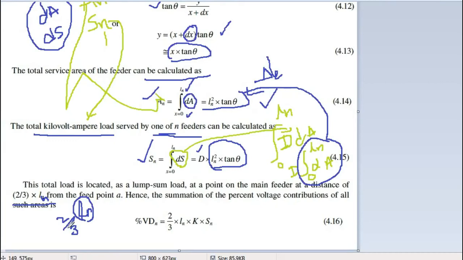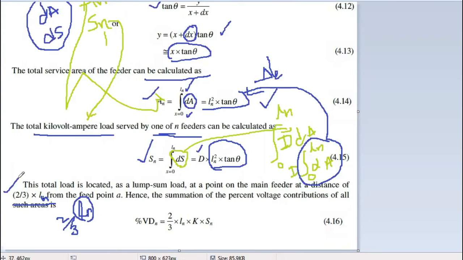So we are assuming this in the same manner as for the square shaped feeder and the hexagonal shaped feeder. This distance, 2/3 Ln, is the distance of the lumped sum load in the square shaped service area. But here we have n number of feeders, and the length of one feeder is given as Ln.